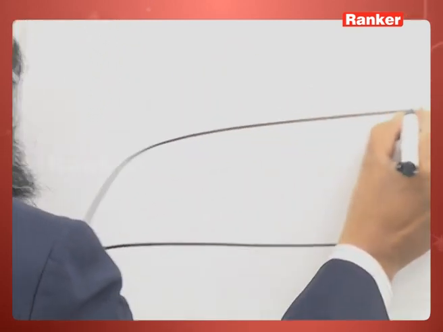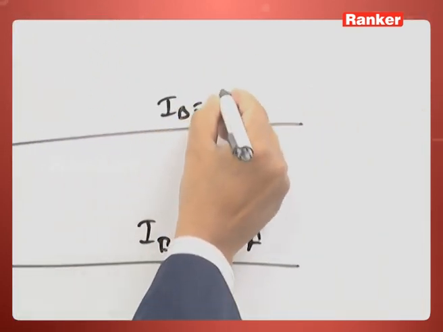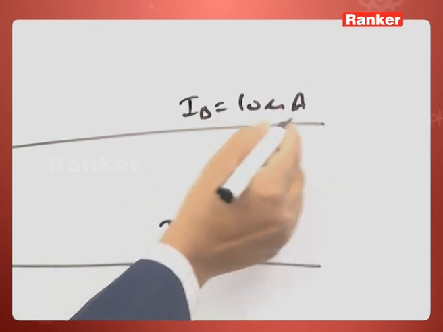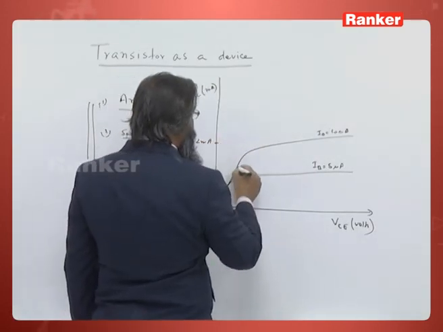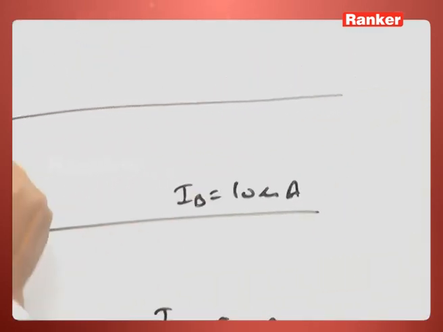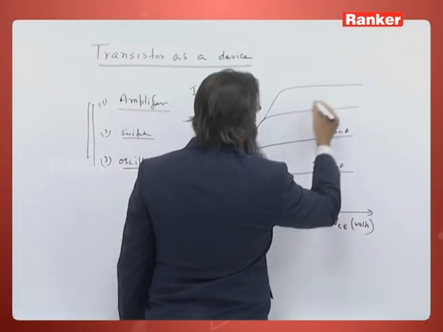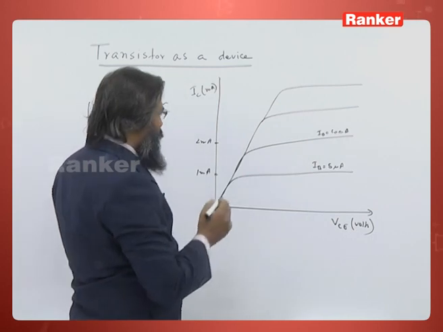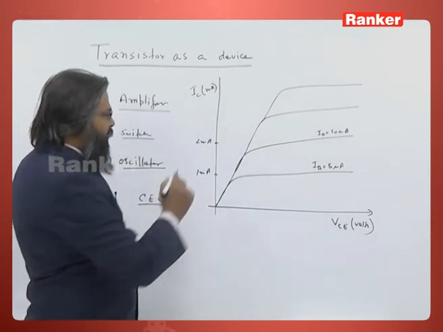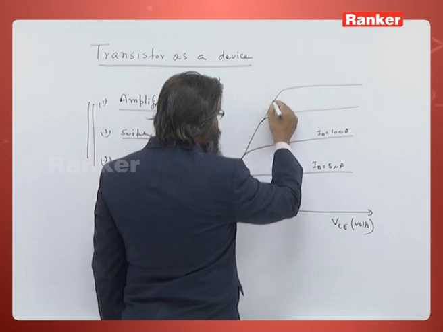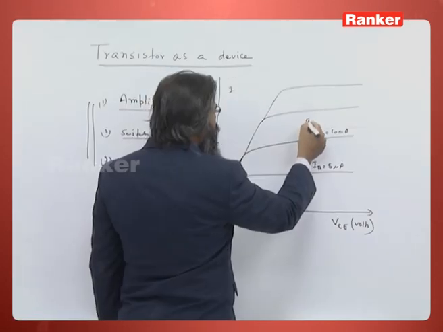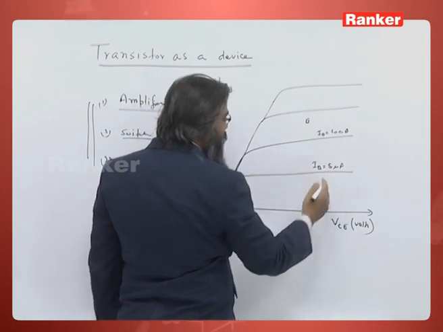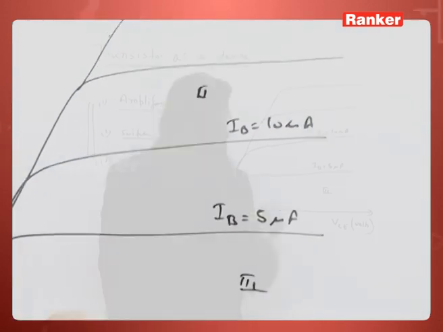Then for IB equal to 10 microamperes, I got nearly 2 milliamps current, and like this we have a family of curves. Now there are three regions: region 1, region 2, and region 3.